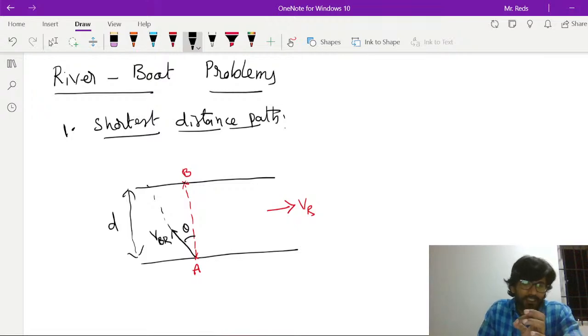So to reach exactly the opposite point on the bank, the boat has to start at an angle with respect to the vertical.